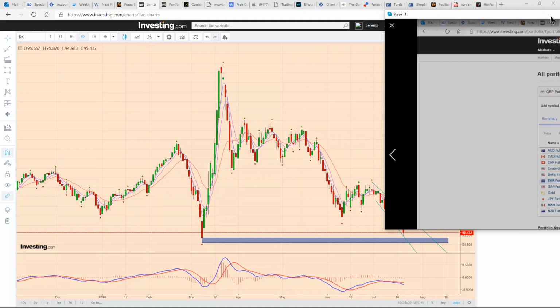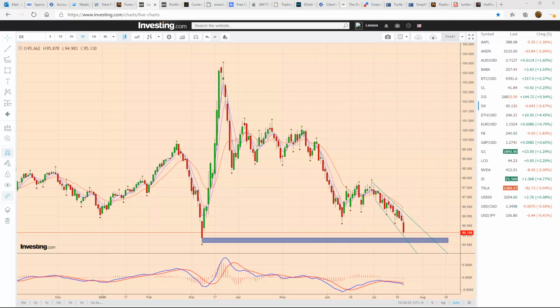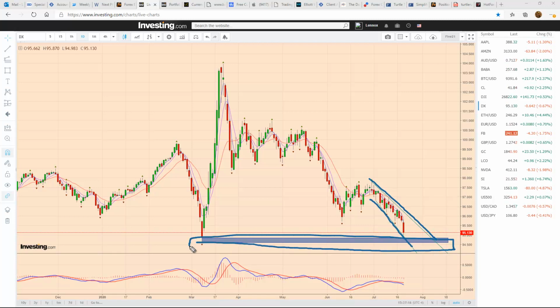Okay, so that was a quick look at the snippet of last night's playbook recording. And so let's take a look at how it played out. So this is the US dollar on the daily time frame. And as you can see, there's the trend line that I drew. There's the support area that I drew in.